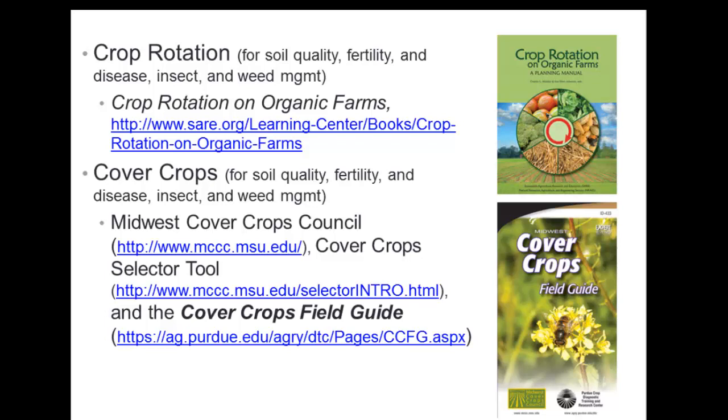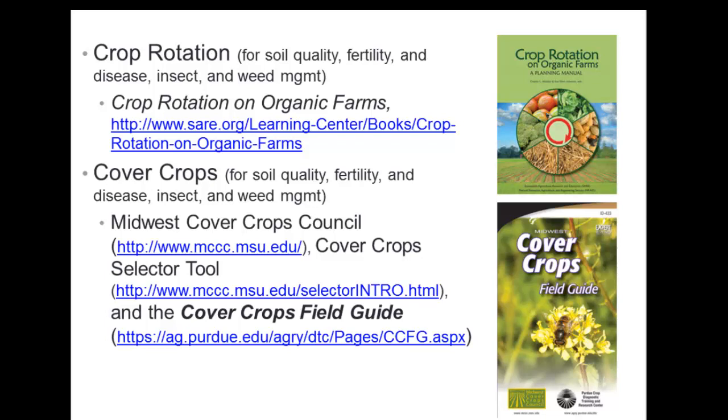For cover crops, the Midwest Cover Crops Council website or homepage is at Michigan State University. You get a little background there. There is a cover crop selector tool that is an online aid to choosing what cover crop you might use, given the time frame that you can plant it and your goal for it, whether it's largely nitrogen fixation or soil building in terms of tilth and organic matter or what it might be.